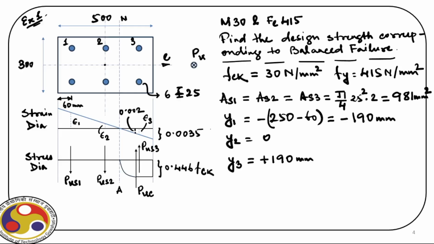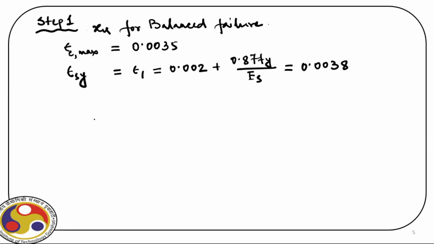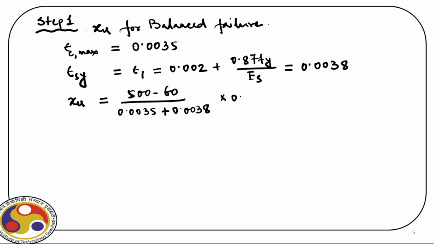Now, if you go back to the strain diagram, we know epsilon 1. We know the strain in the extreme compression fiber. So we can figure out XU, which for the balanced section is 500 minus 60 divided by 0.0035 plus 0.0038 times 0.0035.